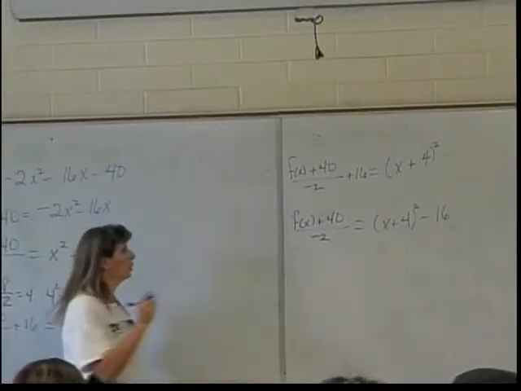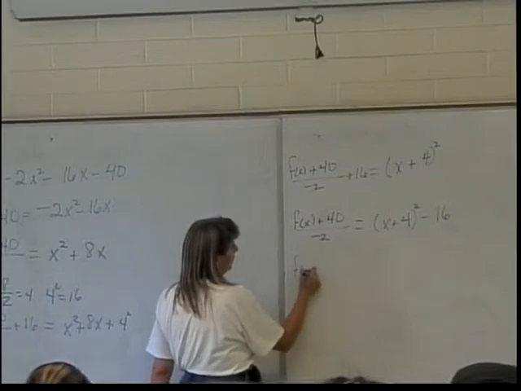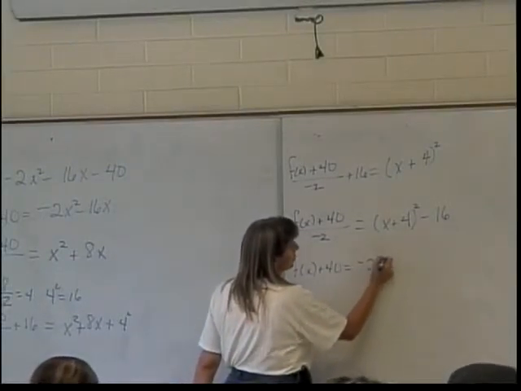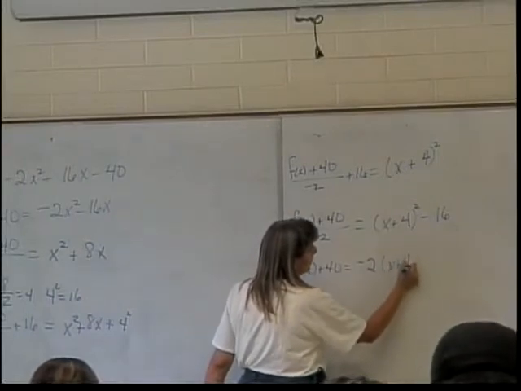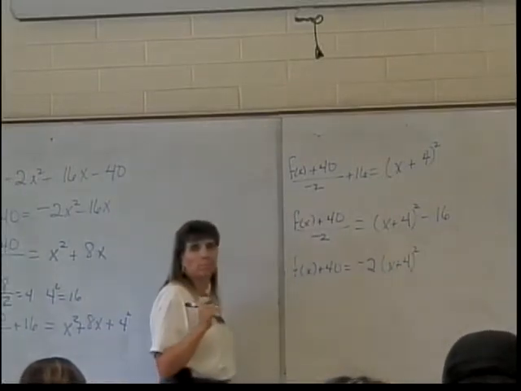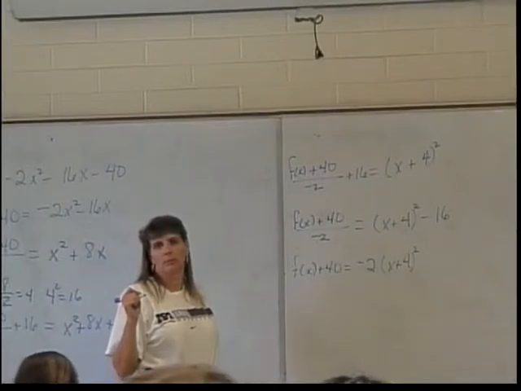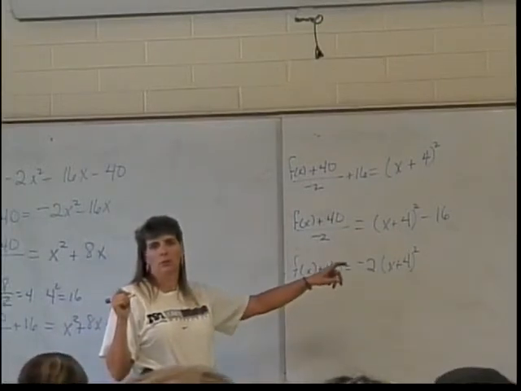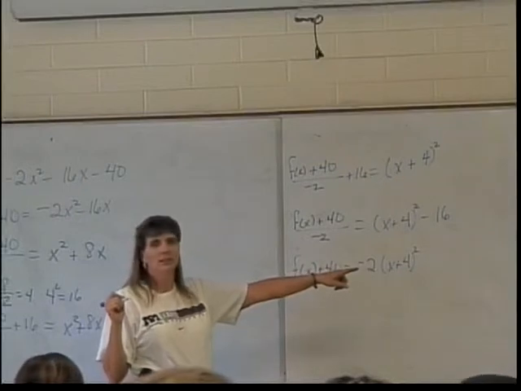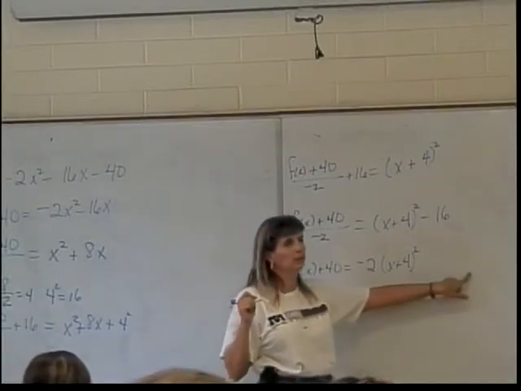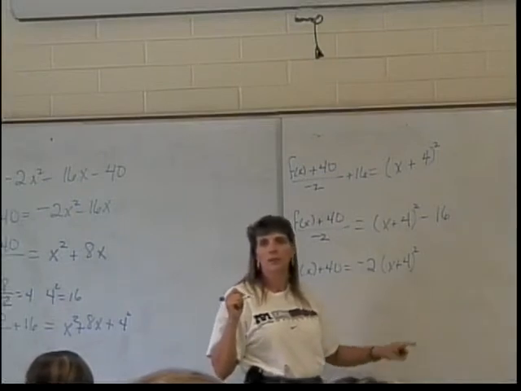And then multiply by the negative 2. f of x plus 40, and it was a negative 2. So negative 2 times this thing. And then subtract the 40. Do I have 16? Oh, yes, you do. Just carry it down, minus 16.